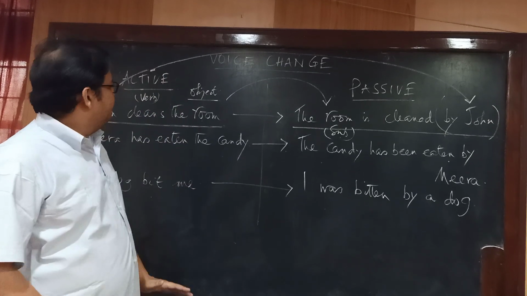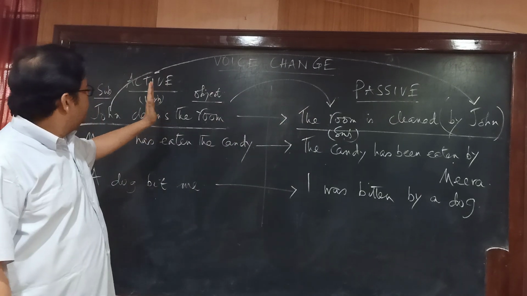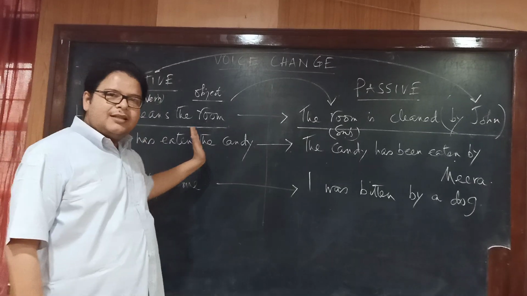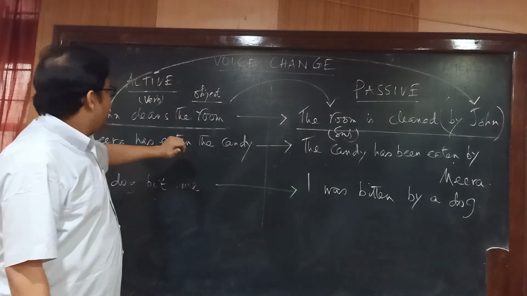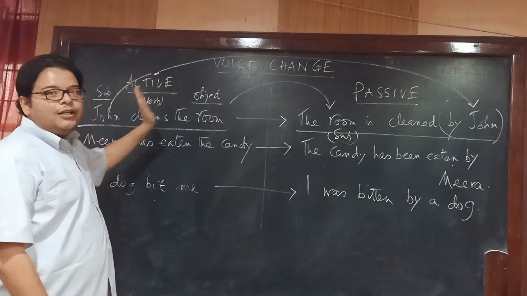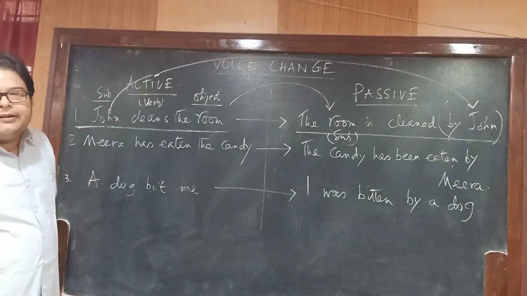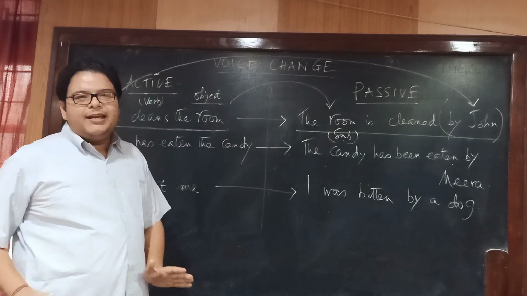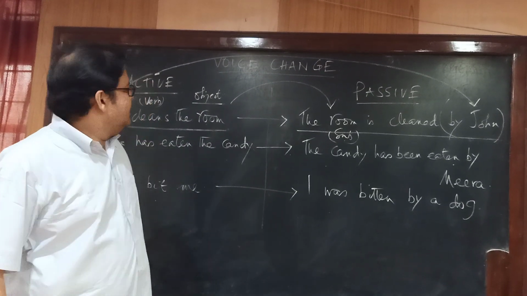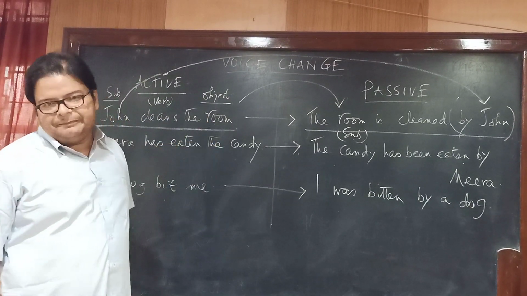I am repeating: in order to transform an active voice sentence into passive voice, you have to interchange the position of the subject and the object. You have to bring the object to the front of the sentence, generally in most sentences. So you need to first identify the object.